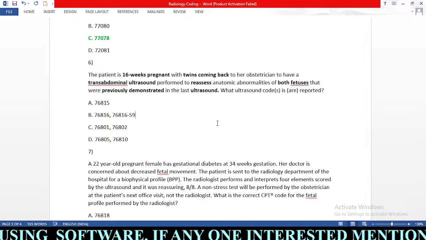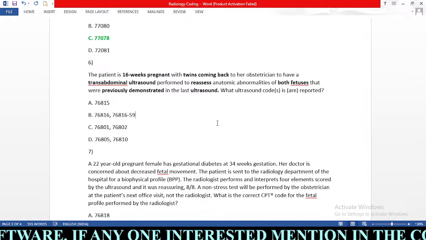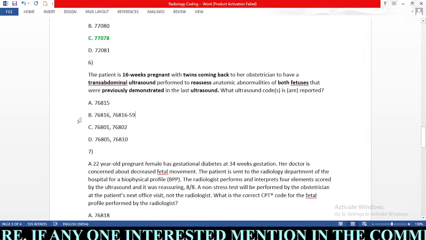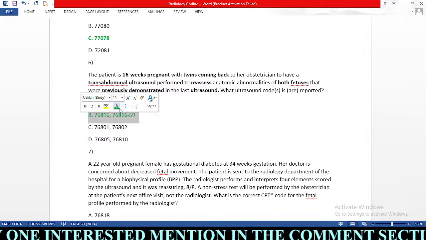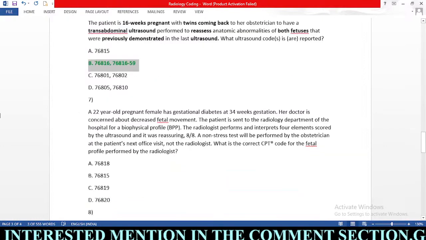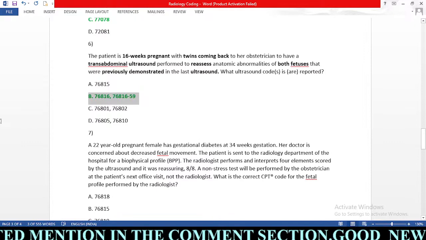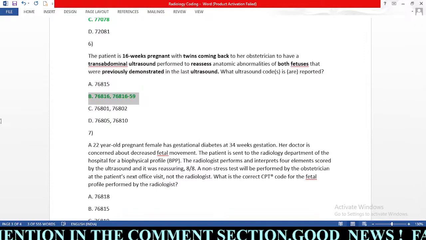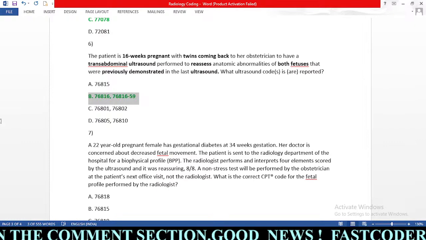So based on our keyword, 76816 contains follow-up. So because of that, 76816 is the correct answer. And if you check guidelines here in the CPT book, report 76816 with modifier 59 for each additional fetus examined in a multiple pregnancy.